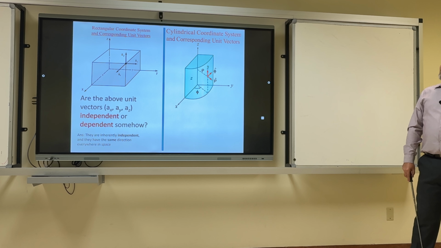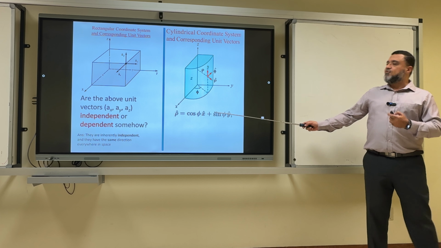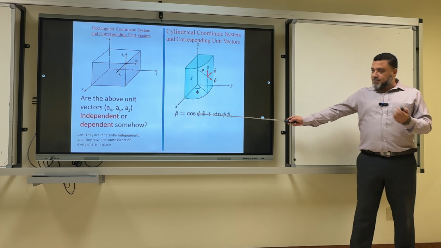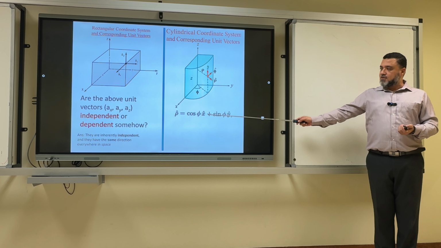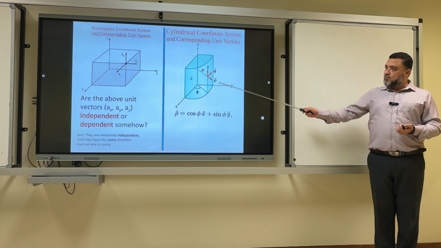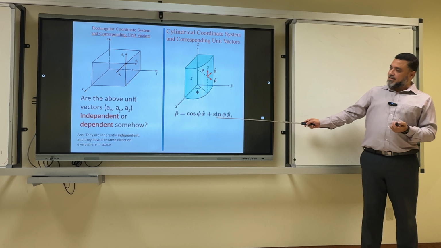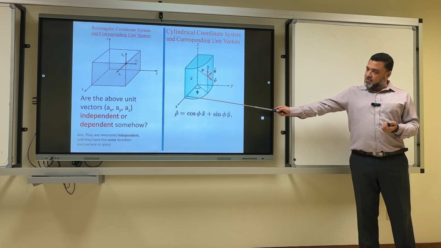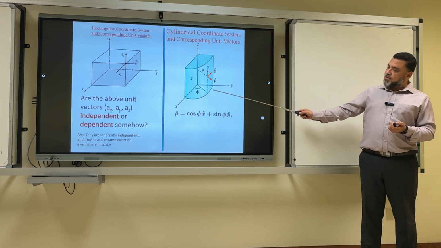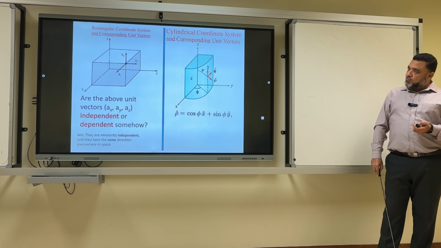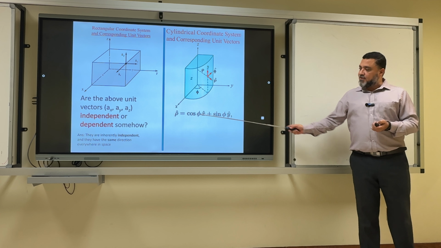The equation is clear if you transform Cartesian to cylindrical: a_rho is dependent on phi, cosine phi in the x direction plus sine phi in the y direction. So a different phi will give you a different a_rho. Is this equation clear? Taking a_x and a_y in the rho direction, it will be a_x cosine phi plus a_y sine phi. So a_rho does depend on phi.